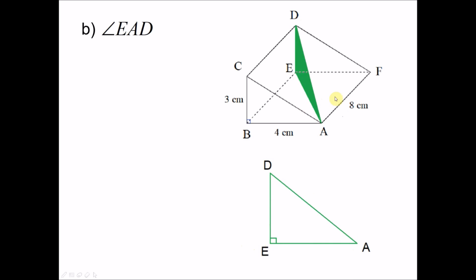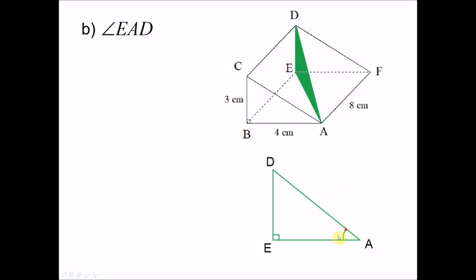So the angle EAD has A in the middle, so the angle is at vertex A. We try to find the lengths of the sides. ED has the same length as BC, which is 3. So ED here is 3.